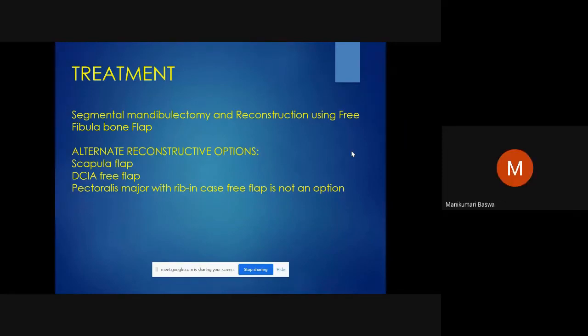Would you consider putting a bone graft? It's too long a segment for a bone graft. 6 centimeters would be okay for a bone graft. So would you like cortical bone, cancellous bone, or mixed bone? Cancellous will resorb very quickly. Cortical will not integrate.